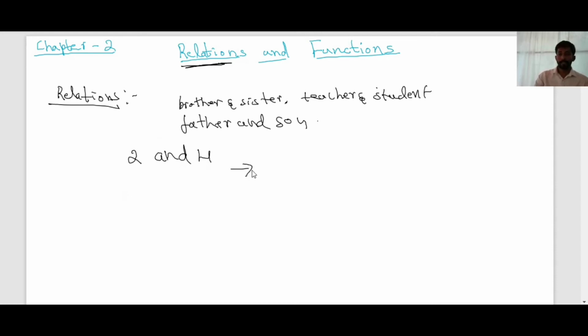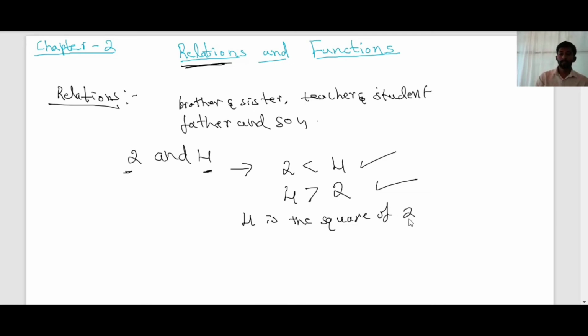For example, I can write 2 is less than 4. This is one relation. Or vice versa, you can say that 4 is greater than 2. This is another relation. Or observe 2 and 4: you can say that 4 is the square of 2, right? 2 square is equal to 4.